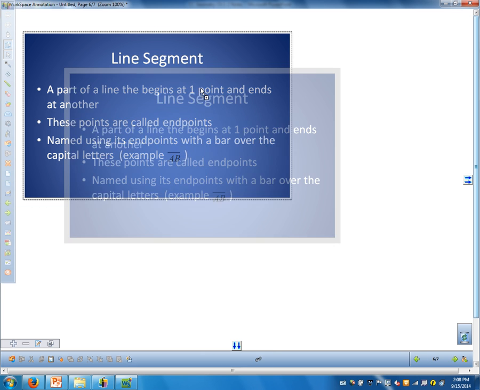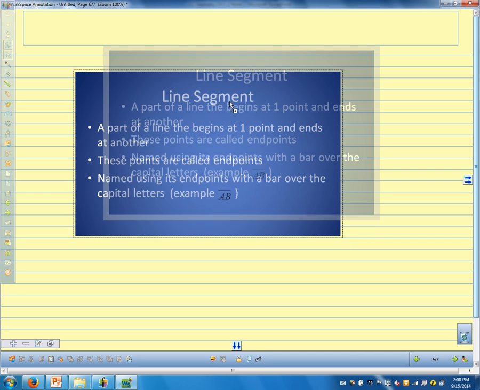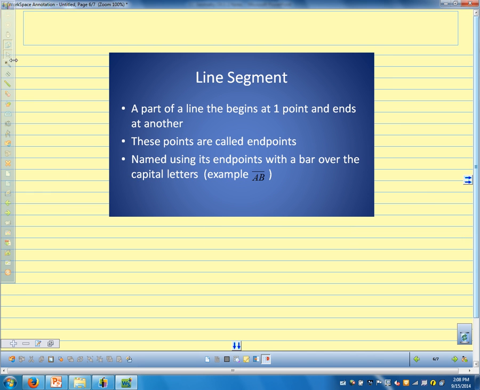So the last definition we're going to do, we have a couple more things to talk about after this. So a line segment, or just a segment. So that would be your term. Your technical definition: part of a line that begins at one point and ends at another.